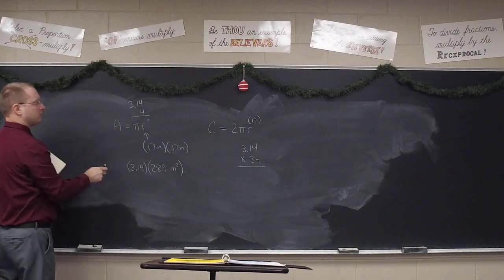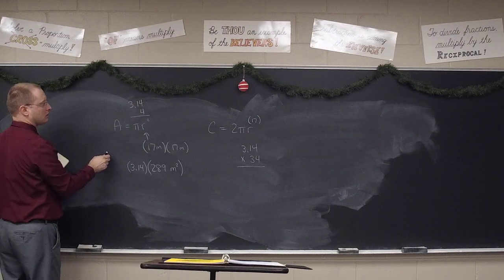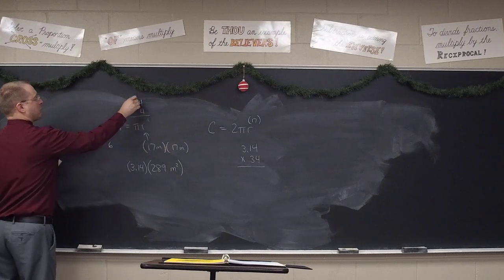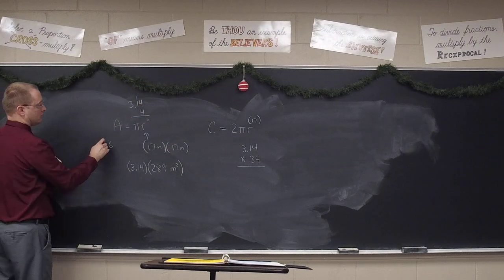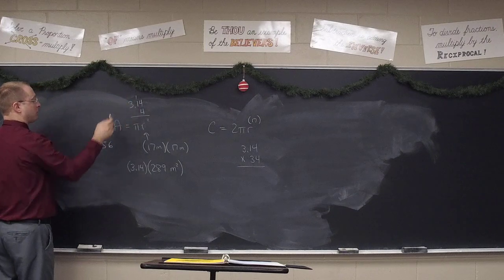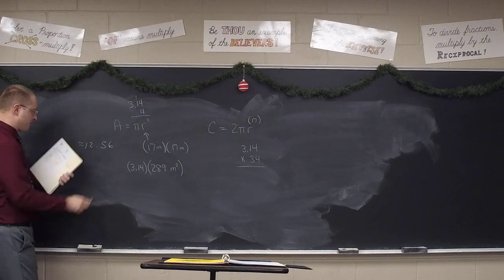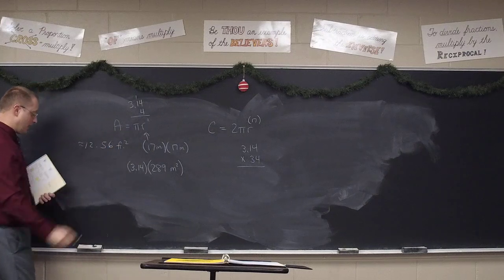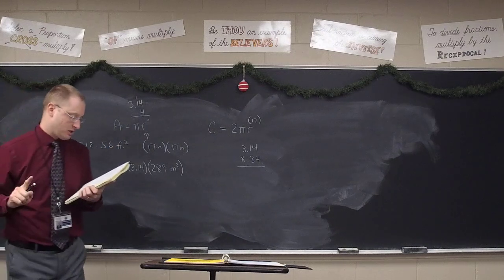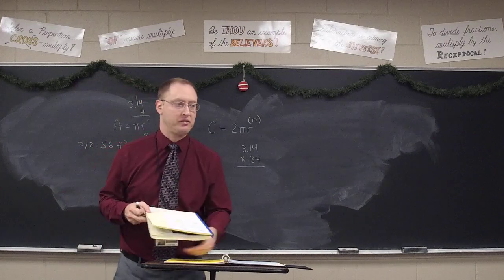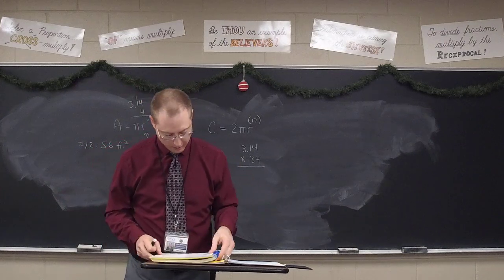So 4 times 4? 16. Carry the 1, 4 times 1 plus 1. 5. And nothing to carry, 4 times 3. 12. So let's say approximately 12.56, and since it's area, feet squared. Notice, it's almost the same answer on the circumference and area, right? It's just one is feet and one is square feet for that.